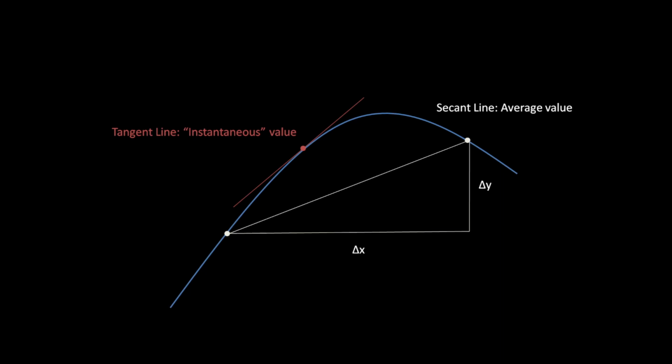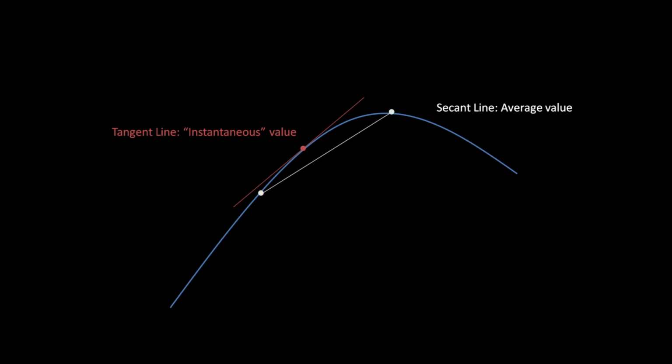And what we can do with algebra is these gray dots we can bring closer. And you can see the average value starts to approach what the tangent line looks like. If we bring the points closer and closer to our point of interest, the secant line actually starts to become the tangent line.